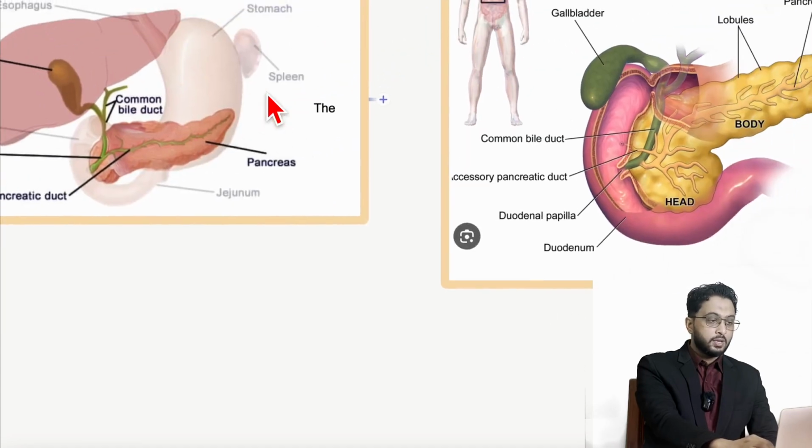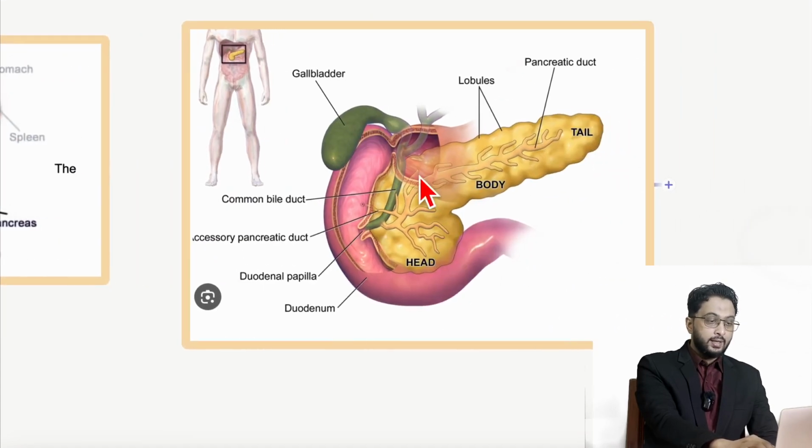If you see this image, the head is the widest part. This is where the most common cancers appear, the head of the pancreas, and that is where you have seen the question, the cancer of the apex. So it will obstruct the common bile duct. Then you have the narrow part, the tail, and in between is the body.